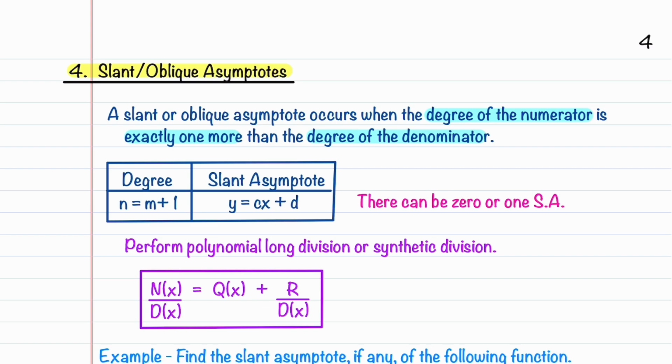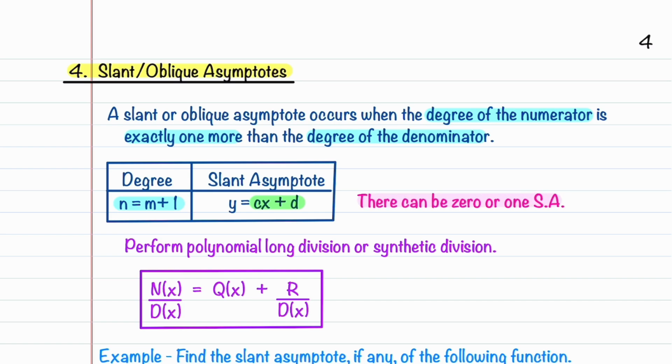When we have a slant or an oblique asymptote, n is equal to m plus 1. That just means the degree of the numerator is one more than the degree of the denominator. And then our slant asymptote is given by y is equal to some constant c times x plus d. For any rational function, there can be 0 or 1 slant asymptote.